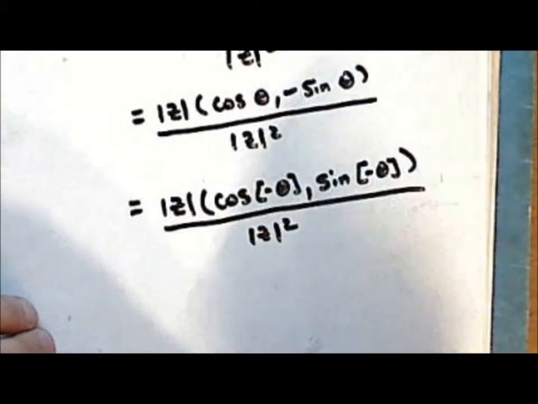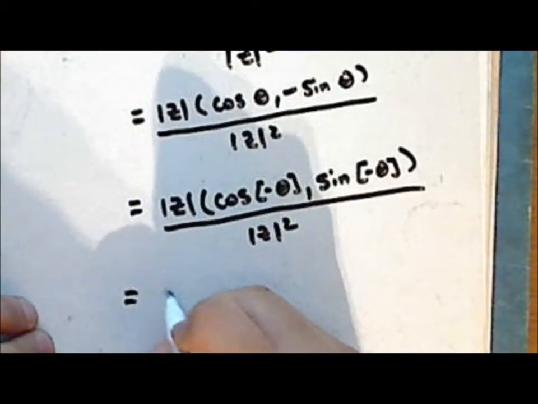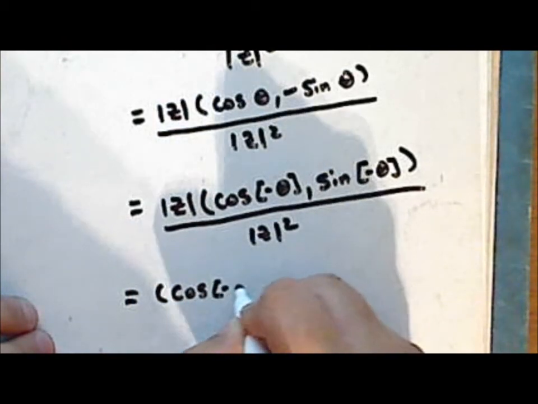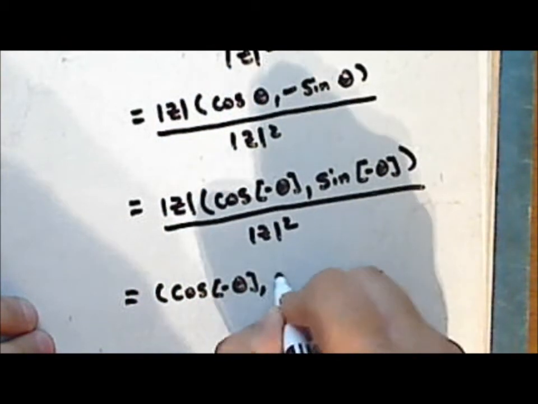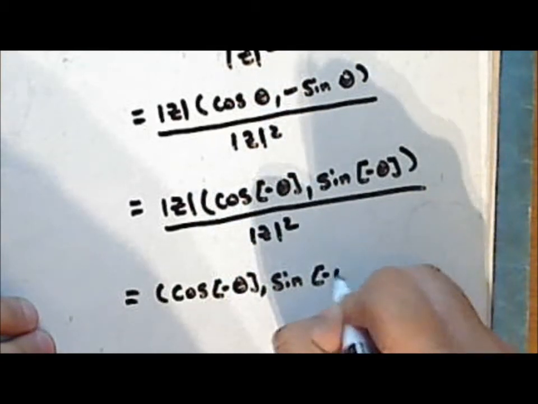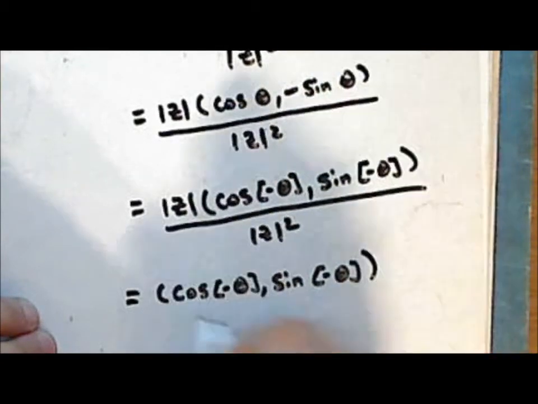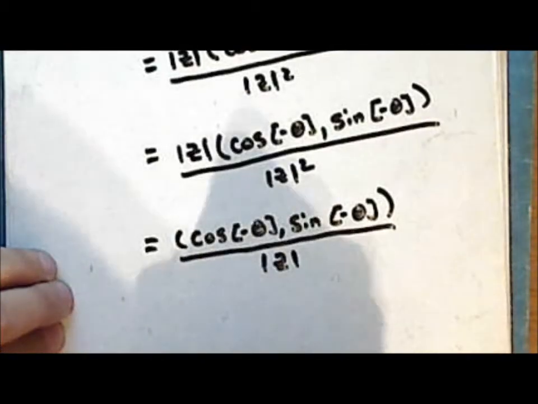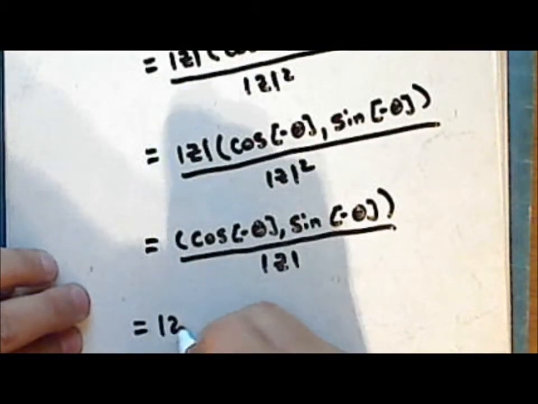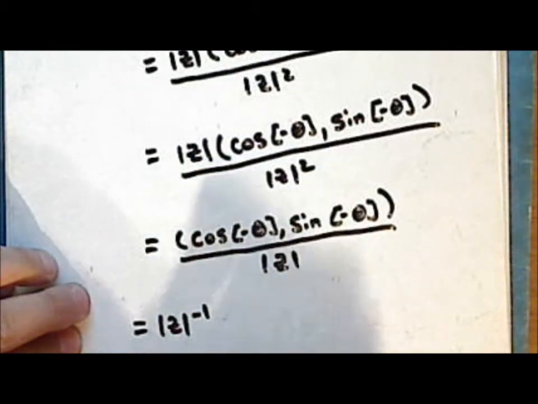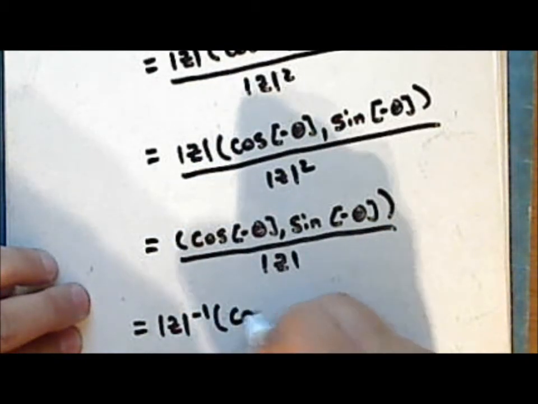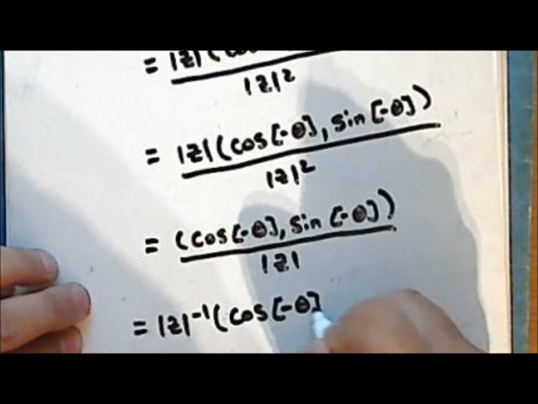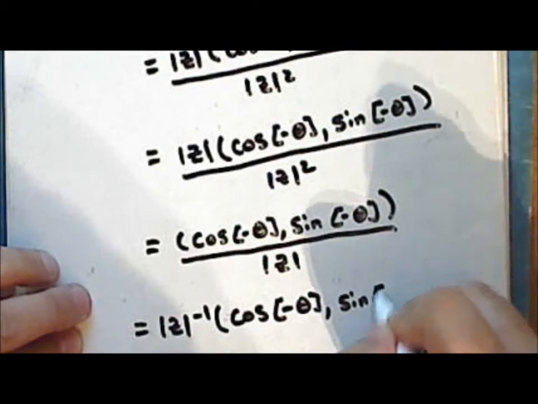And so we have the ordered pair cosine of minus theta, sine of minus theta, divided by the modulus of z. So if we rewrite this, we now have the modulus of z to the power of minus 1 times the ordered pair cosine of minus theta, sine of minus theta.